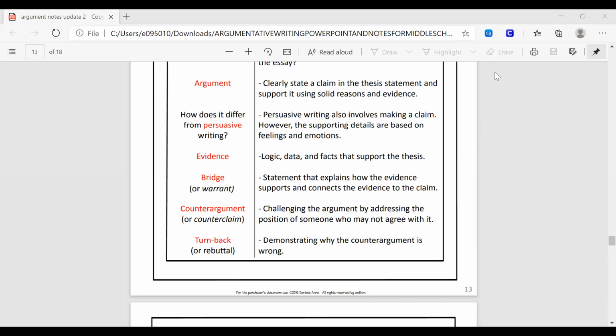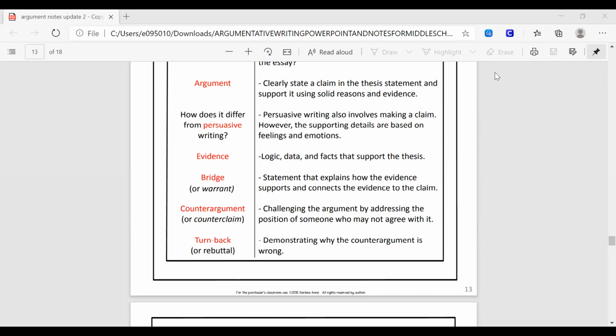And then your bridge also can be called a warrant. This one's a little bit harder to understand sometimes. This is a statement that explains how the evidence supports and connects the evidence to the claim. So the bridge supports and connects the evidence to the claim. Our next word is counter-argument or counterclaim.